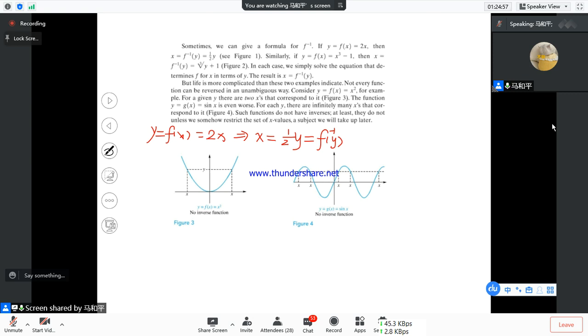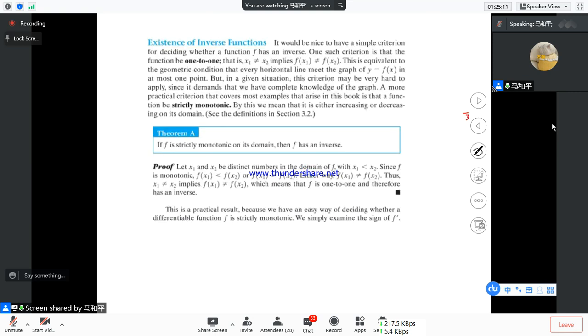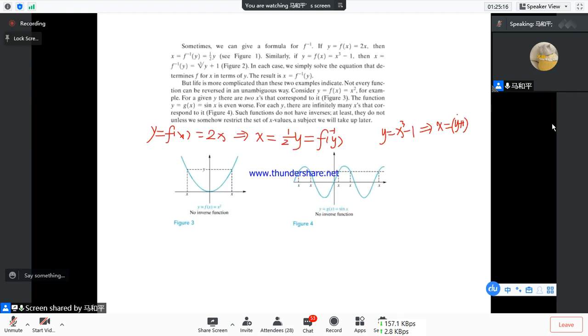Similarly, if y is x cubed minus 1, then from this we can find x equals (y plus 1) to the power 1 over 3. In this case, we simply solve the equation that determines f for x in terms of y. This is f inverse of y.